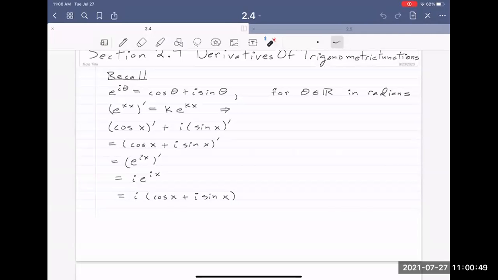Warning: all of these formulas that I will derive involving trigonometric functions only work if we're measuring in radians. If you're not measuring in radians, then everything that I derive is not correct. There'll be some sort of factor that's missing from each of these.